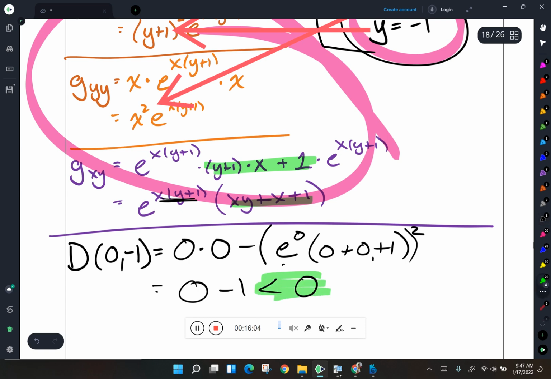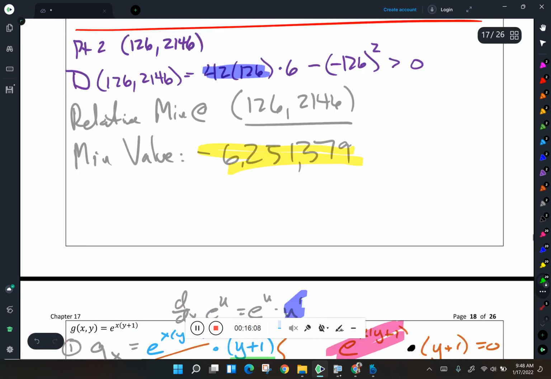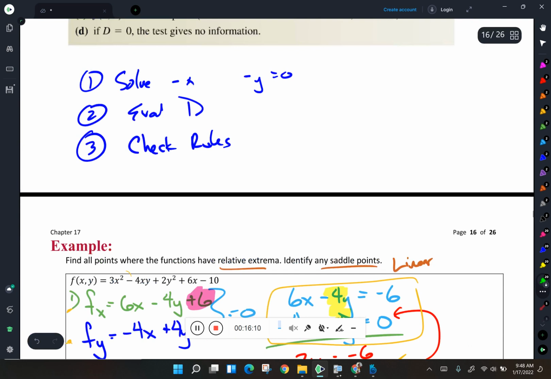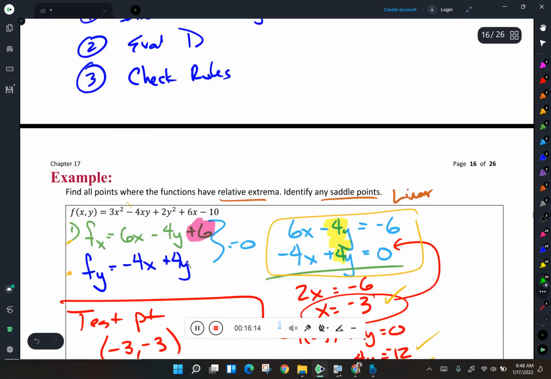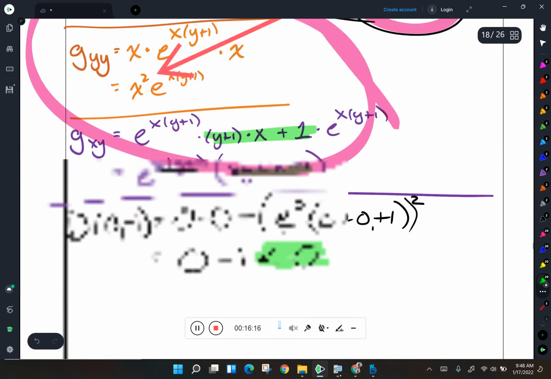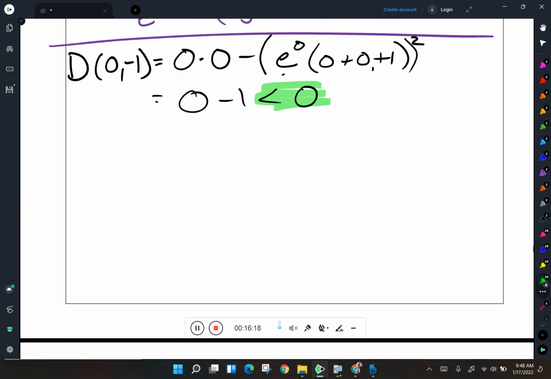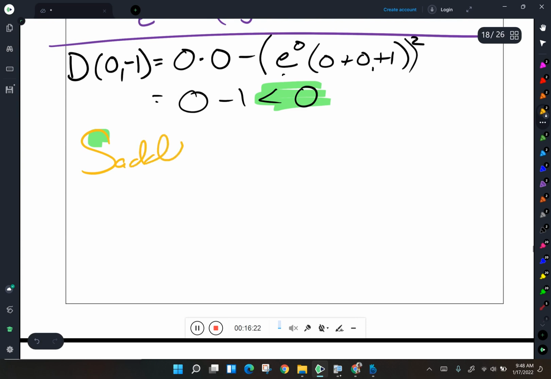It's negative 1, it's less than 0. So then I'll go back up and check and see what that means. Let's see. Oh, saddle. So we have a saddle at 0, negative 1. Oh, that was fun. I like that one.